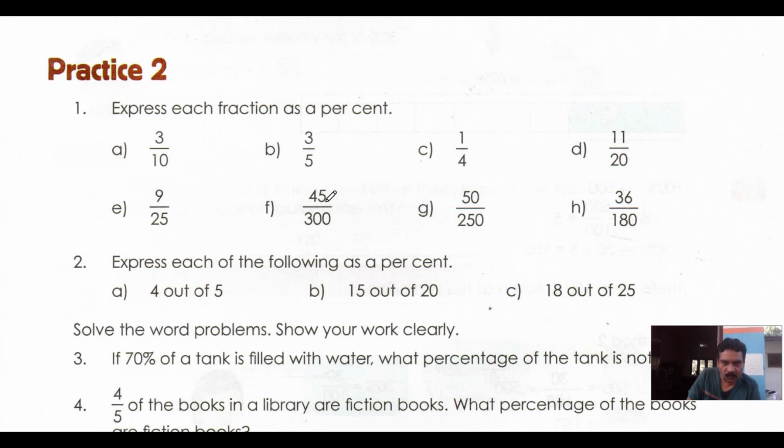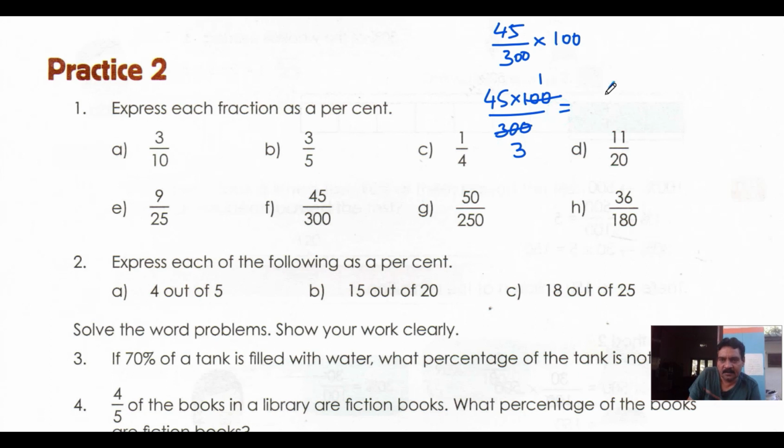Now let's go to 45 by 300. So here given 45 by 300 into 100. So 45 into 100 by 300. 100 one time, 100 three times.